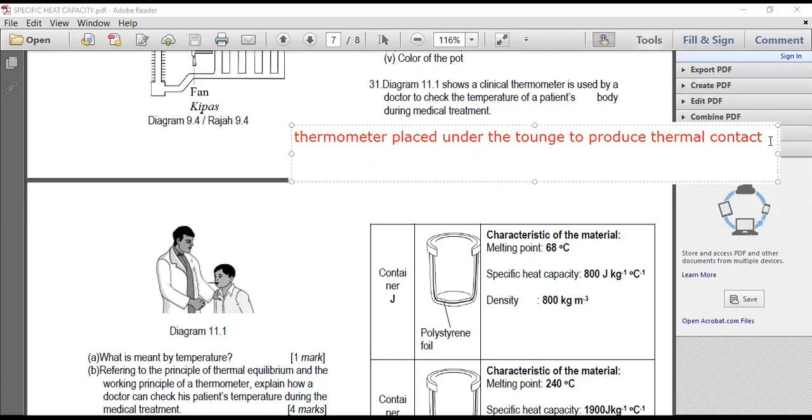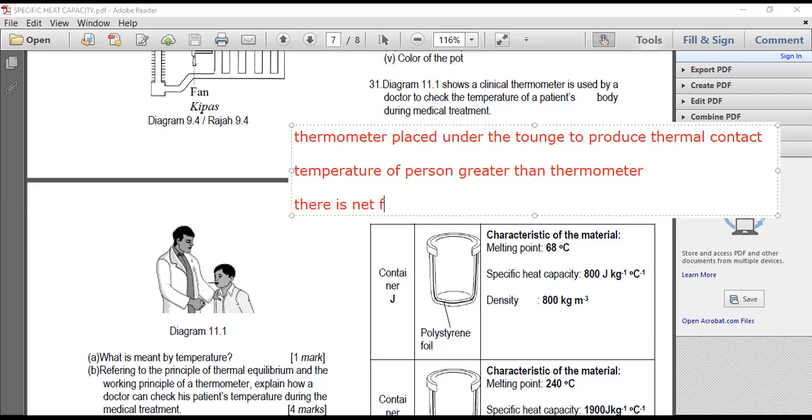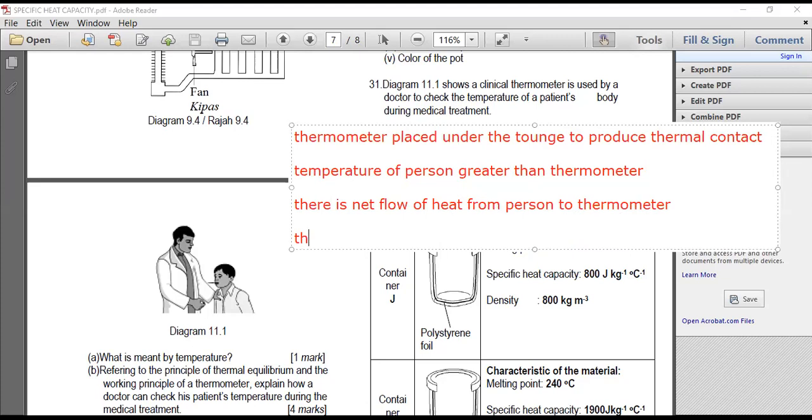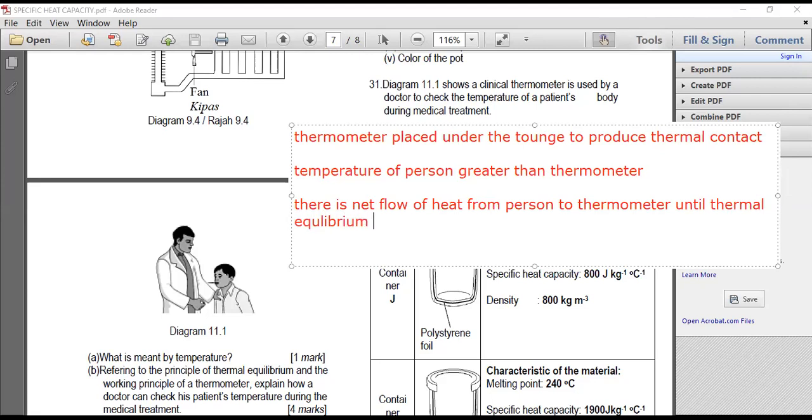Next, the temperature of the person is greater than the thermometer, so there is a net flow of heat from the person to the thermometer until thermal equilibrium is achieved.